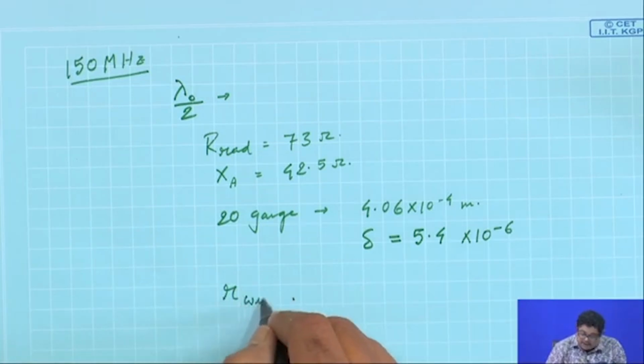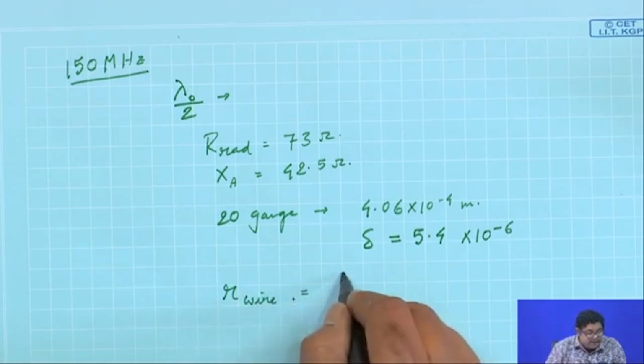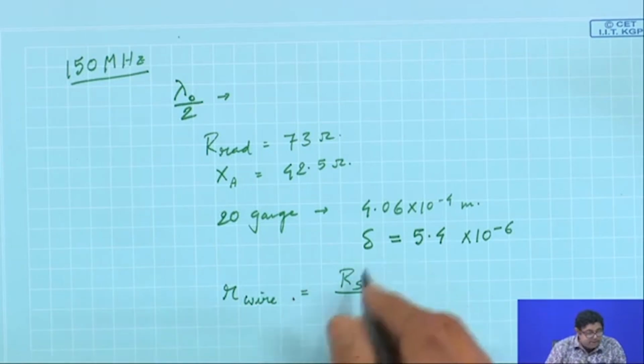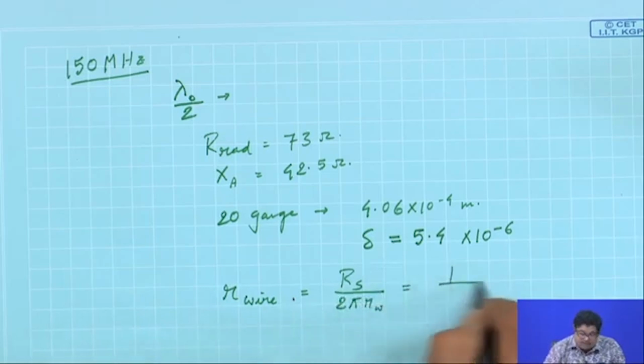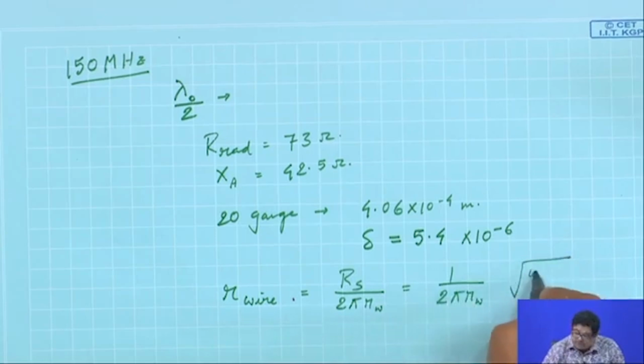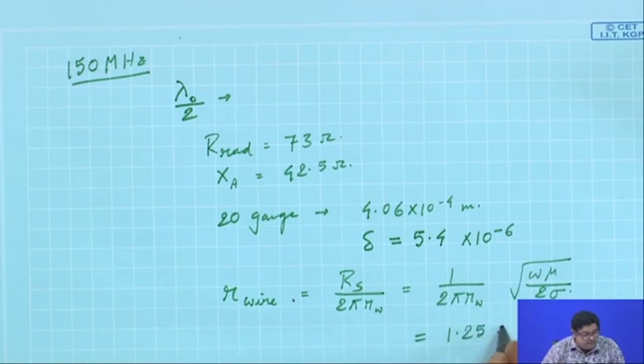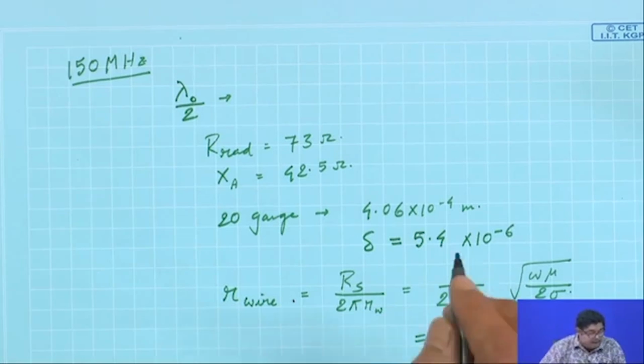This R wire that we are saying, at high frequencies we know this is R_s by 2π R_w, and that is 1 by 2π R_w over sqrt(ωμ/2σ). So, if you do that, it will turn out to be 1.25 ohm per meter.